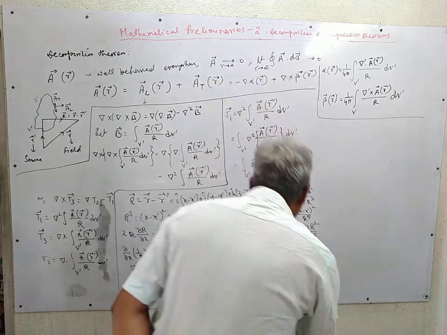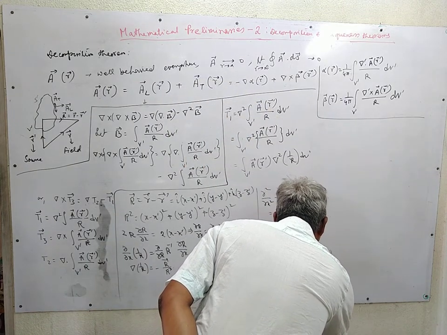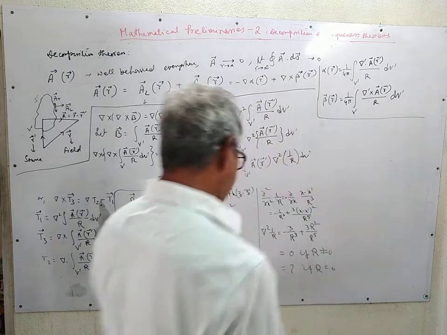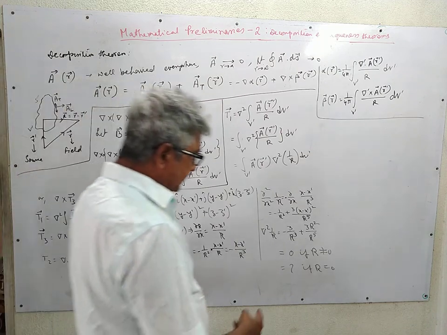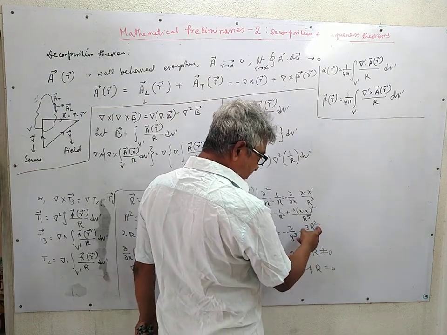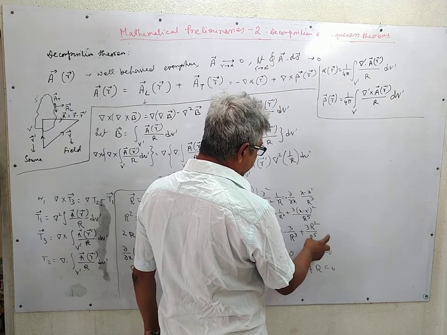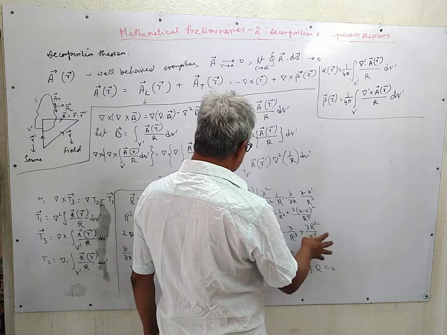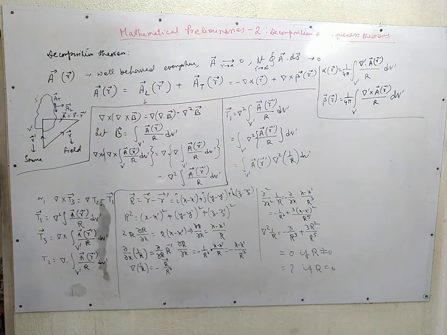But what happens if capital R happens to be 0? When capital R happens to be 0, this cancellation of R square in the numerator with R to the power 5 in the denominator is not possible, because division by 0 is not allowed in mathematics. So what to do?